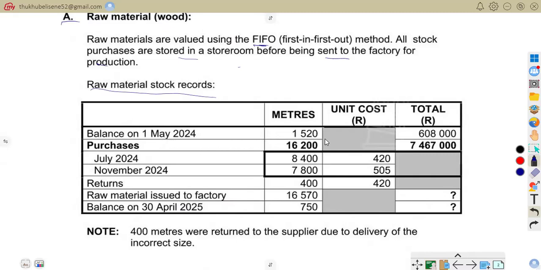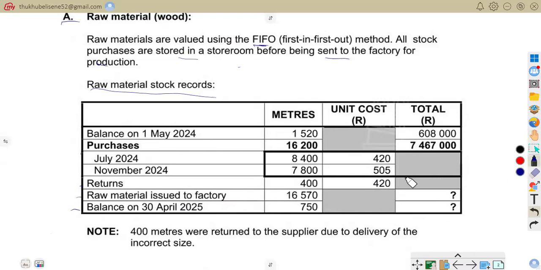This is our balances. We have our purchases. We have our returns. We also have raw materials used, issued in the factory, as well as the balance at the end. So now we are going to start with opening stock for us to calculate the materials available.